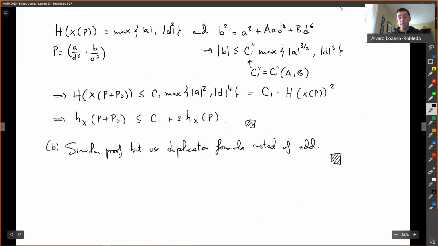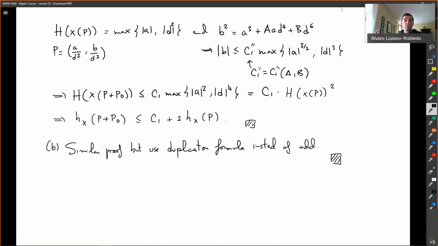And that proves the fact that this naive height on an elliptic curve, just given by the height of the x coordinate of a point, satisfies all three properties of the descent procedure, the descent theorem.